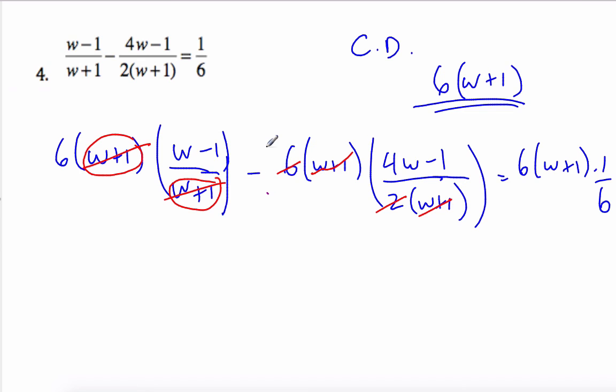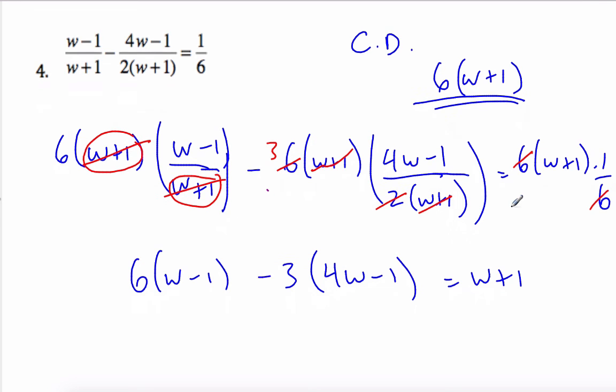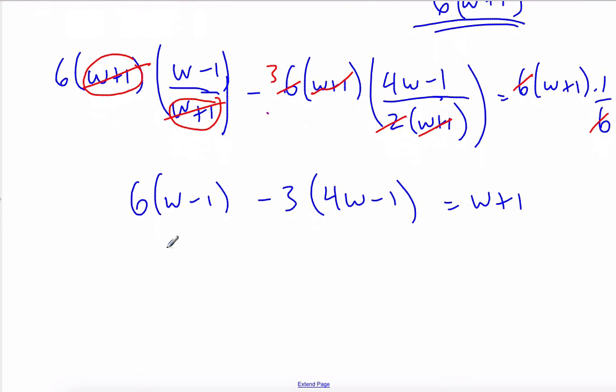The 6 and the 2 becomes a 3, the 6 and the 6. Then when I finally put it together, I get 6 times w minus 1 minus 3 times 4w minus 1 is equal to w plus 1 times 1. Now I've taken this complicated problem, made a big ugly mess out of it, but was able to cancel things away to make it a much simpler problem.